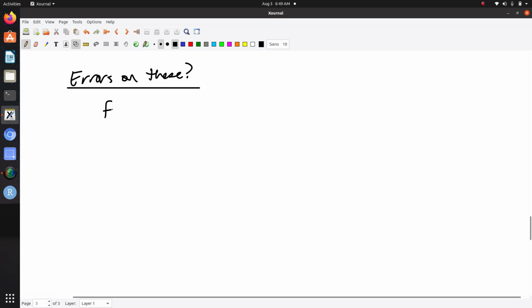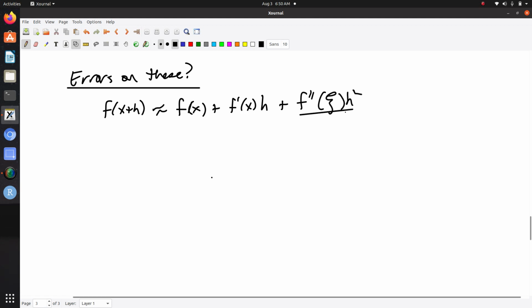Okay, so f of x plus h is, using Taylor, approximately f of x plus f prime of x times h plus f double prime of c h squared over 2. So you remember what this means.